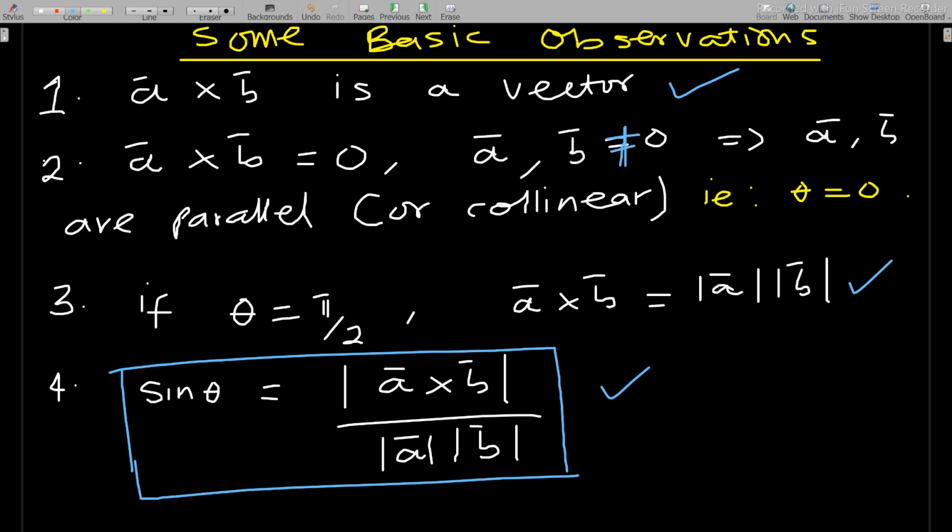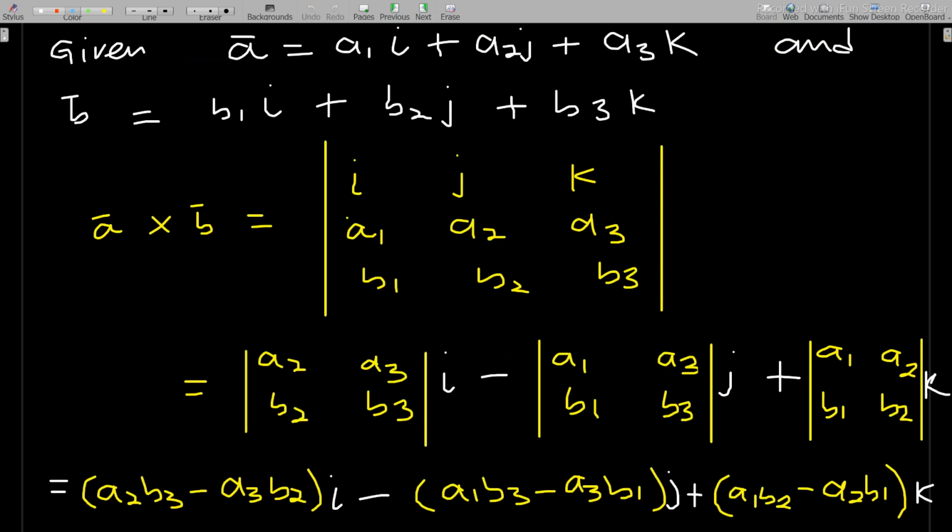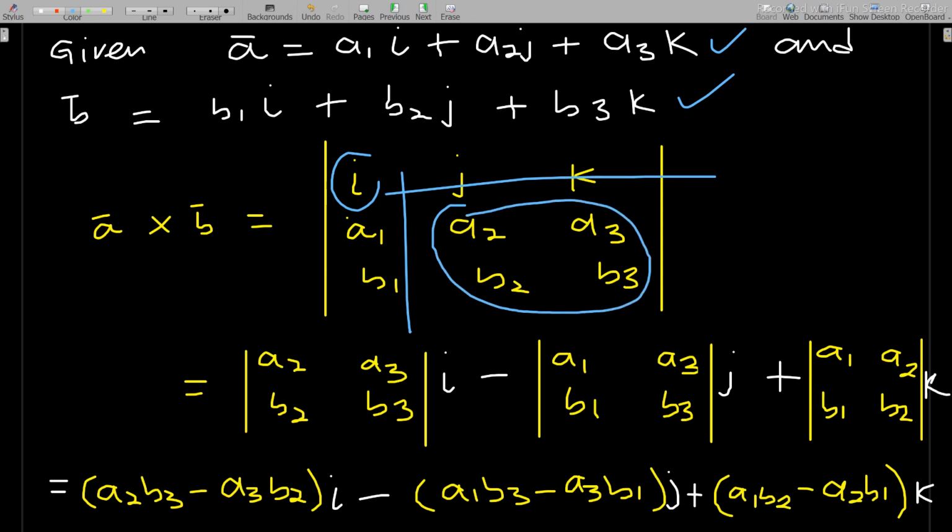So let's move ahead. Given A to be this and B to be that, this is how you find A cross B. You pick the i, then you cancel this part, then you take these remaining elements and find their determinant.